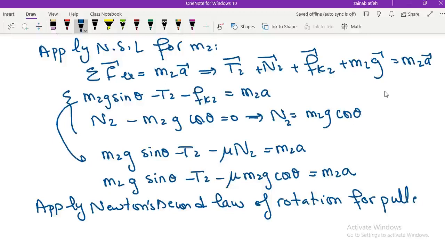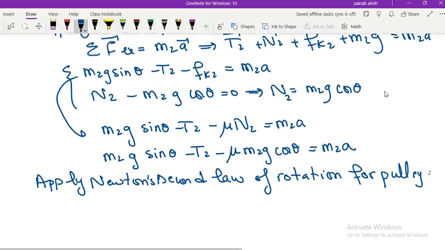For sure, because the pulley is rotating about its axis, which is passing through its center, sum of moments equals I alpha. You can directly use algebraic values without writing vectors, it's the same.